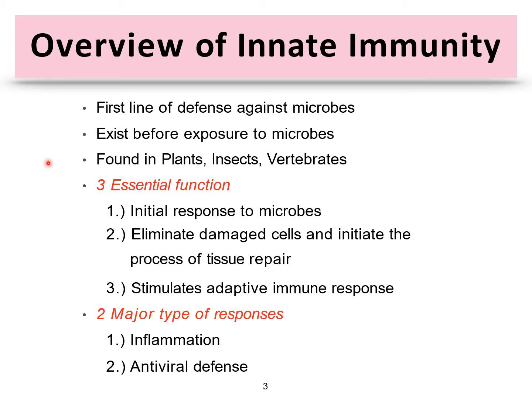So after entering of microbes, after some time innate immunity stimulates the adaptive response also. So that is one of the functions of innate immunity. And two major types of responses seen in the innate immunity are inflammation and antiviral defense mechanisms.